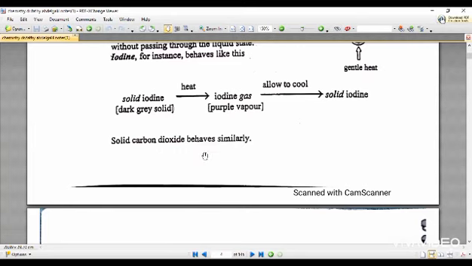Also, carbon dioxide behaves similarly, because solid carbon dioxide can change directly to gaseous carbon dioxide if it is heated, and also carbon dioxide gas can change directly to solid carbon dioxide if it is cooled.